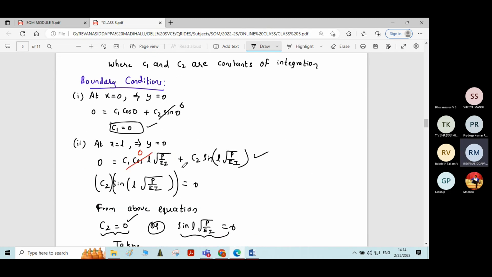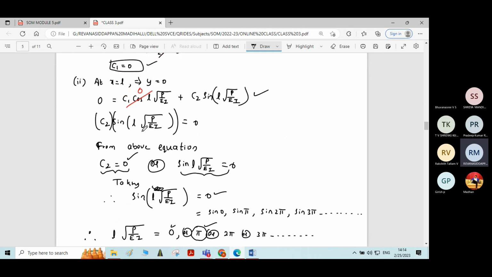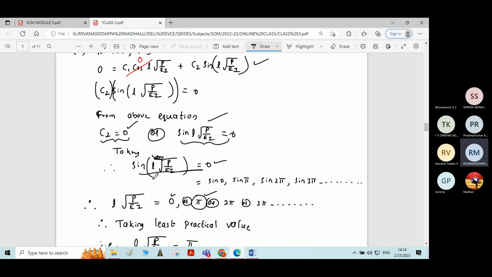Therefore, C2 cannot be equal to 0, but the remaining term sin L root P by EI can become 0. Therefore, I have considered the second condition for the next calculation, that is sin L root P by EI equal to 0. To become sin L root P by EI equal to 0, in the RHS we must have either sin 0, sin pi, sin 2 pi, sin 3 pi, and so on, sin n pi.